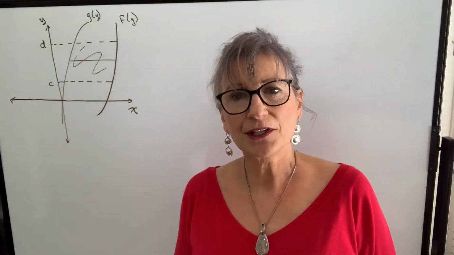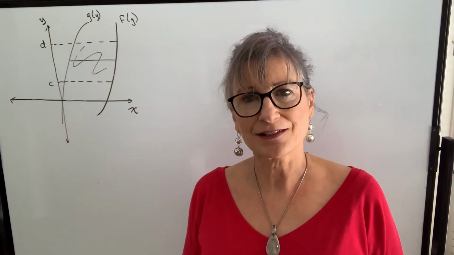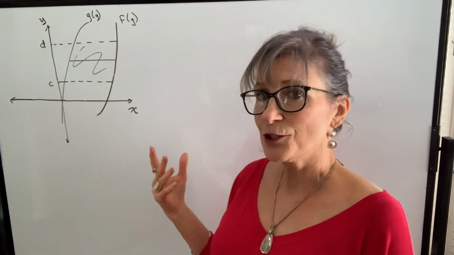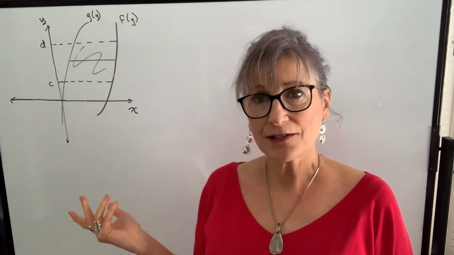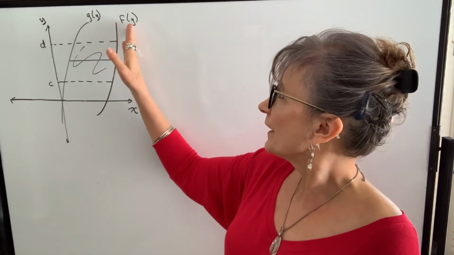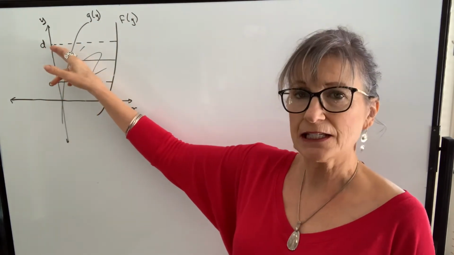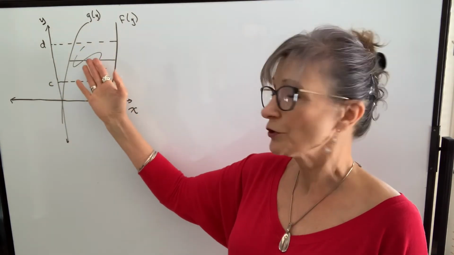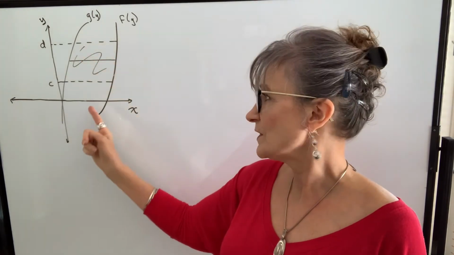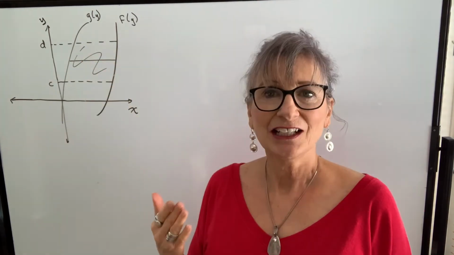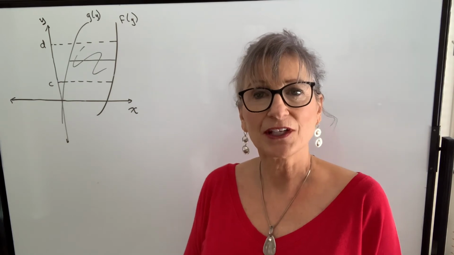You can also find the moment of inertia with respect to the x-axis. In that case, we're going to define everything in terms of y. So if we took an area bounded by f of y and g of y between y equals c and y equals d, and we wanted to find the moment of inertia of that area with respect to the x-axis, it would look very similar, except then everything is in terms of y.